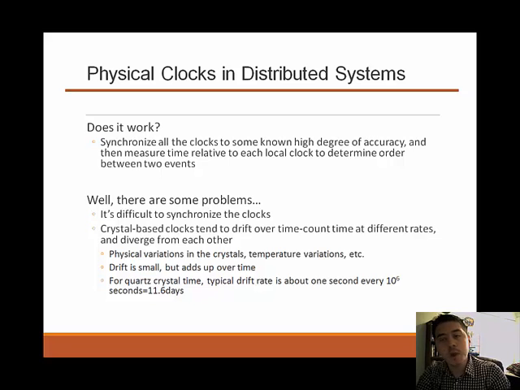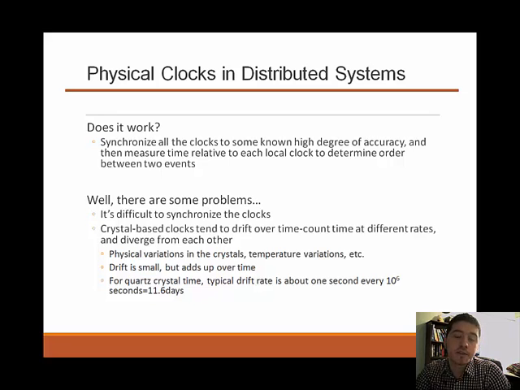Well, if we follow this approach, we're going to see that we have some problems in implementing this, because it's very difficult to synchronize clocks in different distributed systems that are not close to each other. Crystal-based clocks, which are widely used in every computing system, tend to drift from each other.